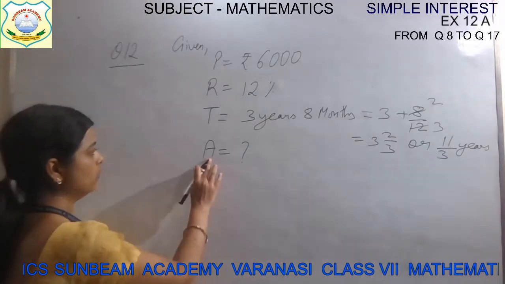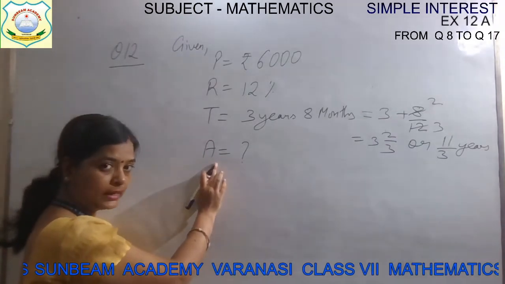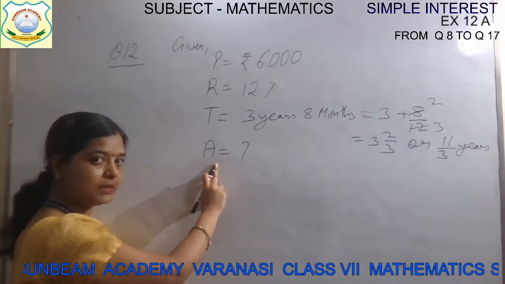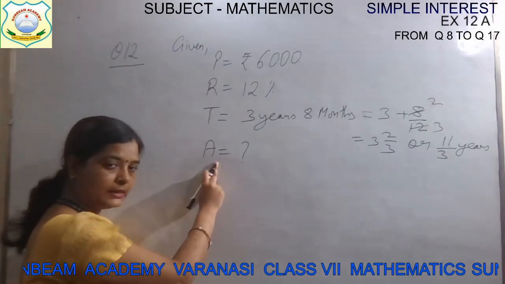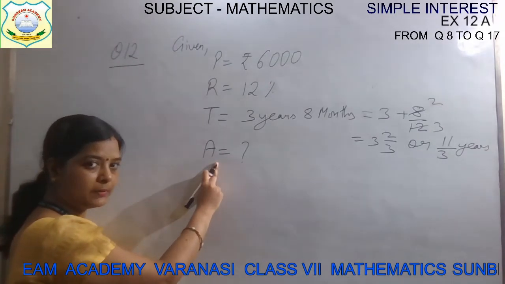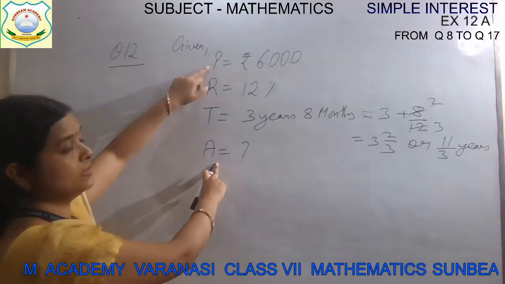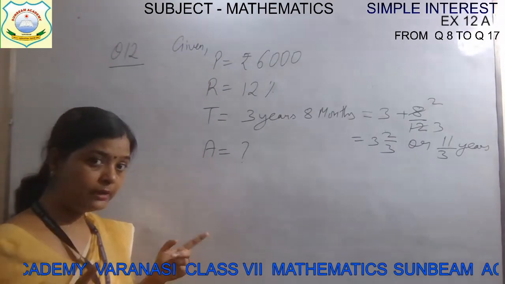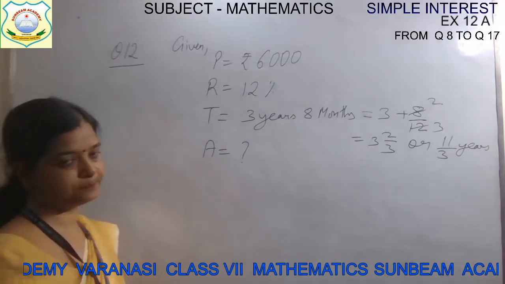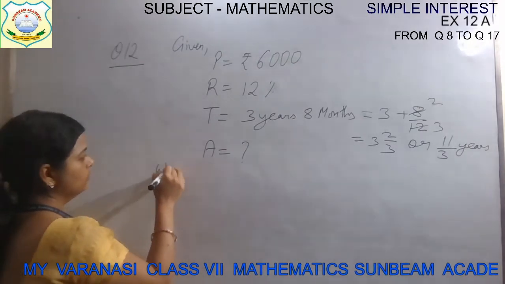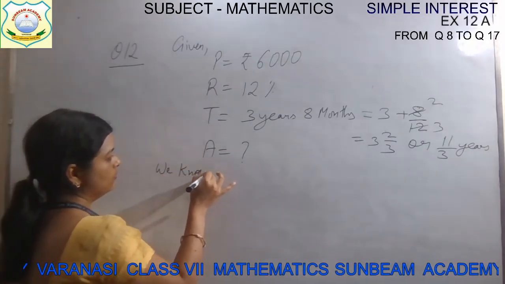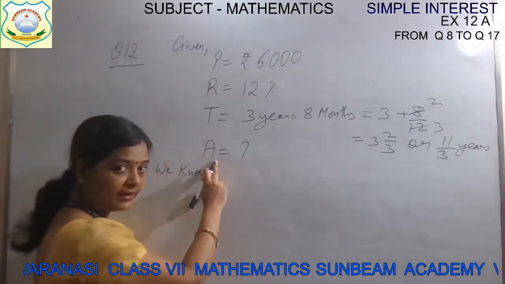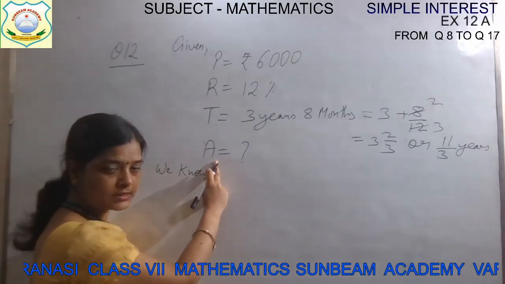Now, how to find this amount? The formula is amount is equal to P plus SI. P we know, the principal money, but SI we don't know. So first we will find the SI, because for finding the amount we need simple interest.